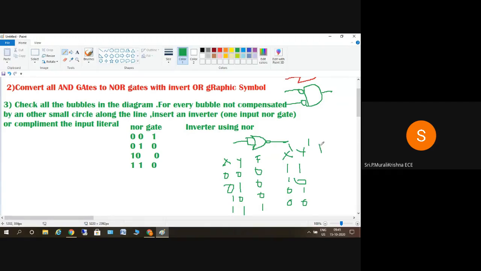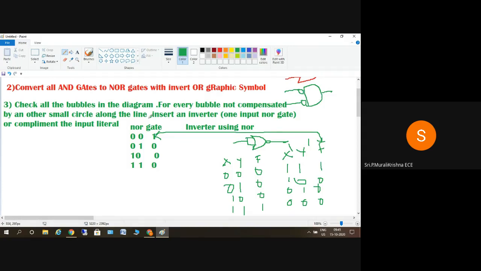Now the function is F. Check the truth table of the AND gate here. For X bar Y bar, F is 1 when both are 1, and for the remaining I'll get a 0. This will be the truth table of the NOR gate. So inverting the inputs of AND will give you the NOR gate here.